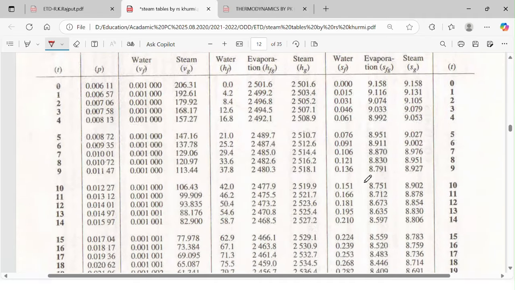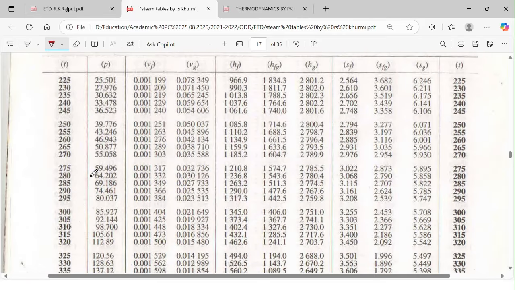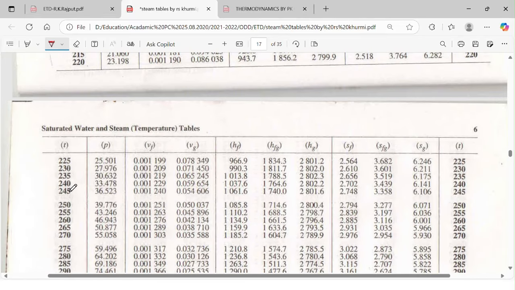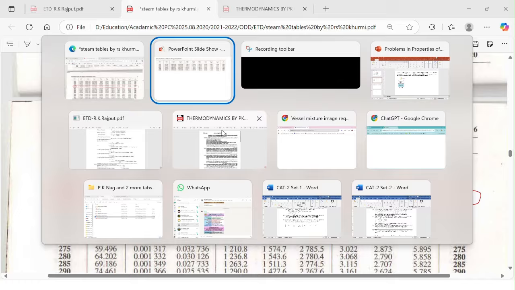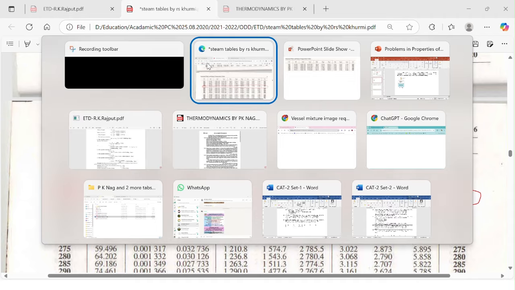In the temperature table the first column represents the temperature. Now the temperature given is 245 degrees Celsius. At 245 degrees Celsius, you can take the condition of the steam directly from the steam table. For our convenience, I have given a screenshot of the steam table in the presentation slide.